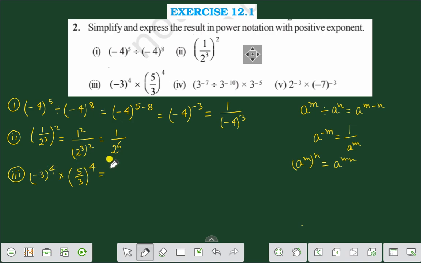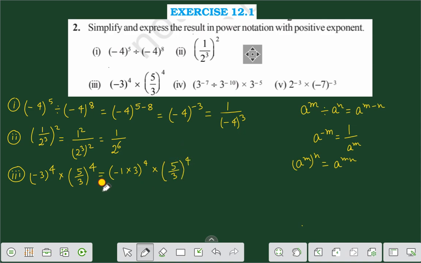Minus 3 can be written as minus 1 into 3, to the power 4, and this can be written as 5 by 3 to the power 4.